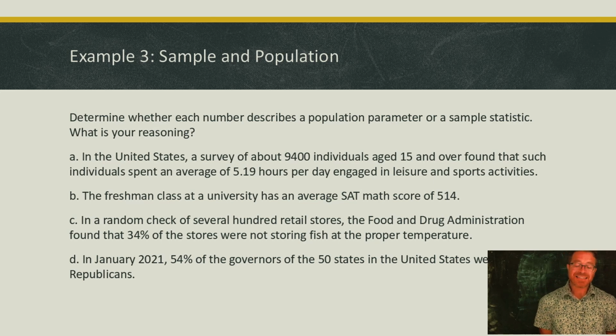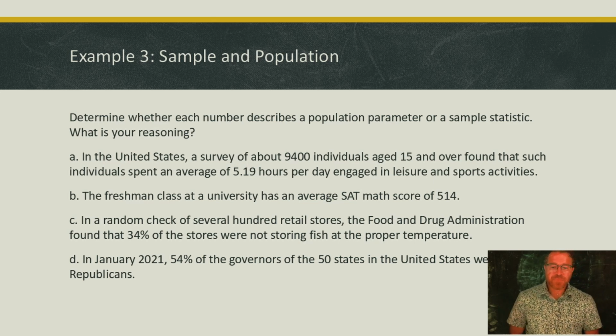Because it has the word survey, which, as a reminder, means we are getting a sample, this is sample data, meaning it is hopefully representative of some bigger group, maybe all people in the United States 15 and over. So because it's specifically sample data, this would be a statistic.